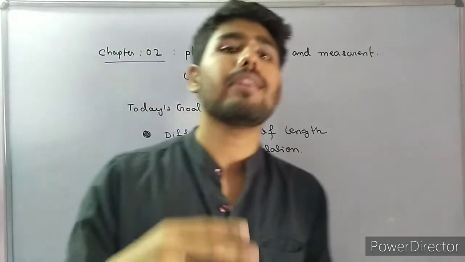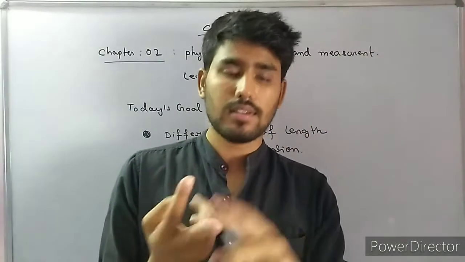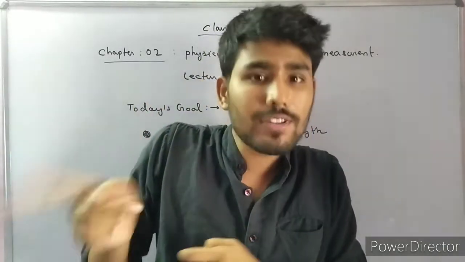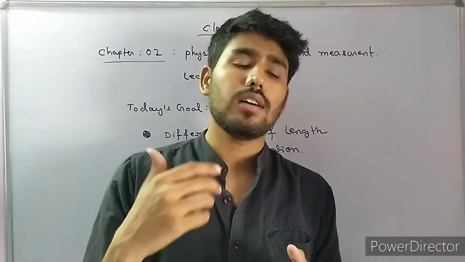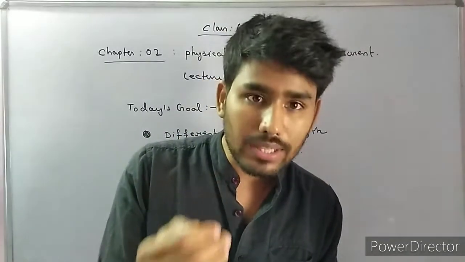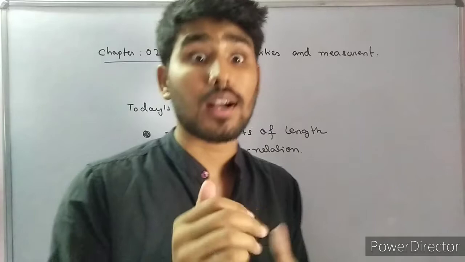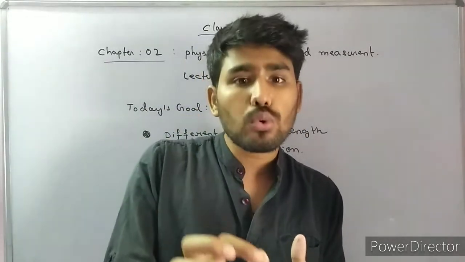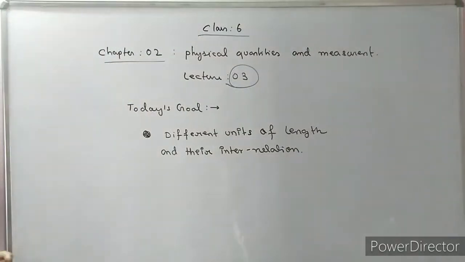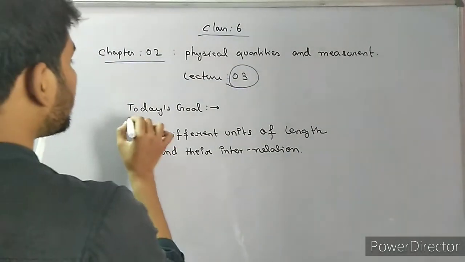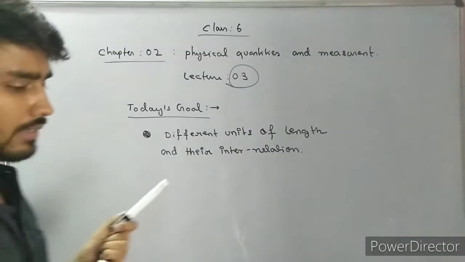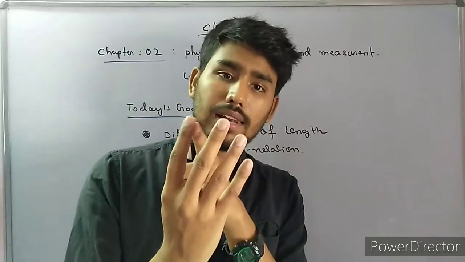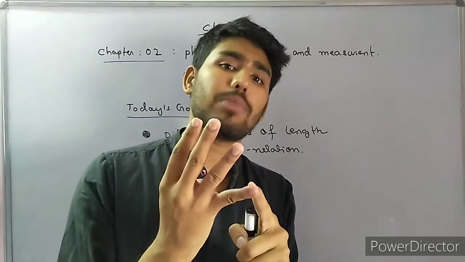We have already completed the first two lectures, and the previous episode was all about units and the conventions, rules and regulations related to how to write units. Today we have to study 4 different physical quantities: length, mass, time and temperature.